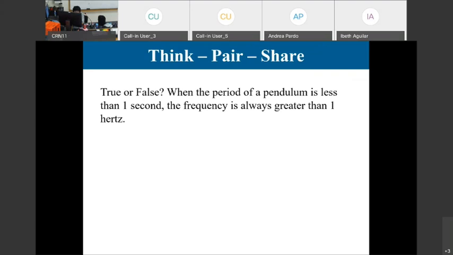So any period less than 1 will be greater than 0. So we're talking about 0.5, 0.8, 0.6. What's the inverse of 0.8? It will be 1.25. So the inverse of any number less than 1 is always greater than 1. That's why if the period of a pendulum is less than 1, then the frequency will be greater than 1. Okay?